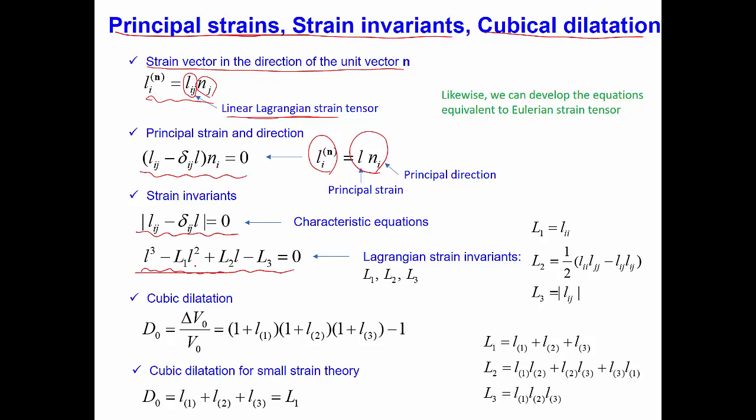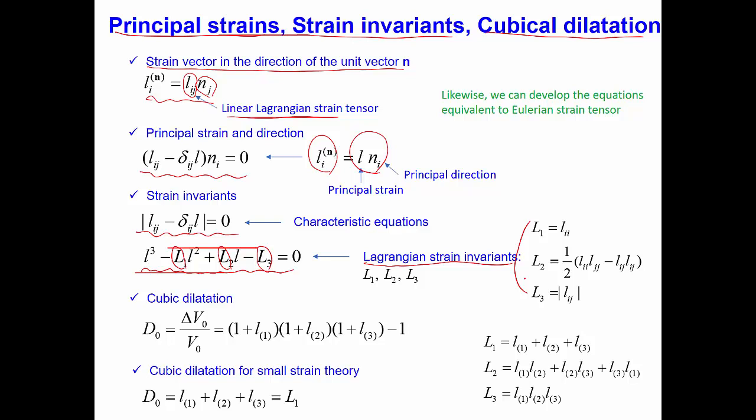There are 3 coefficients which are called Lagrangian strain invariants. These 3 invariants play a very important role because they are coordinate independent.